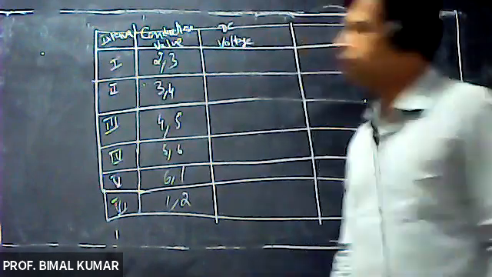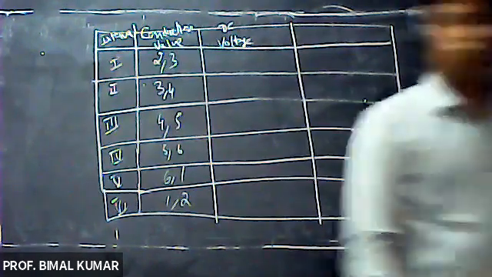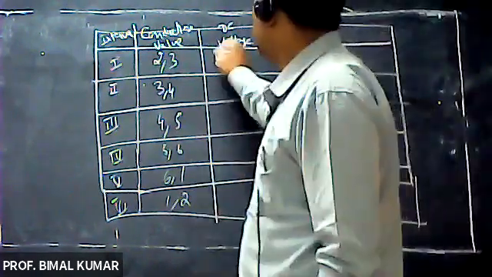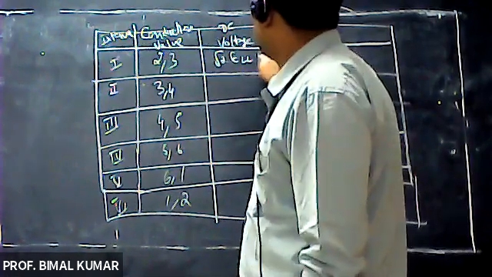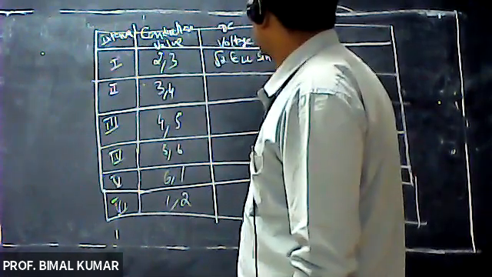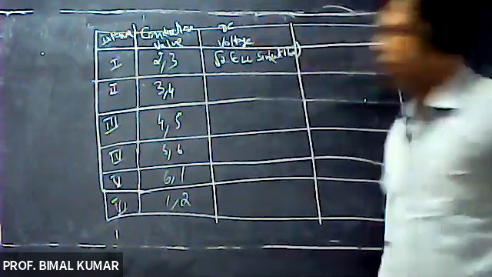So DC voltage. During the first interval, this will be root 2 ELL sine omega t plus 60 degree, right?